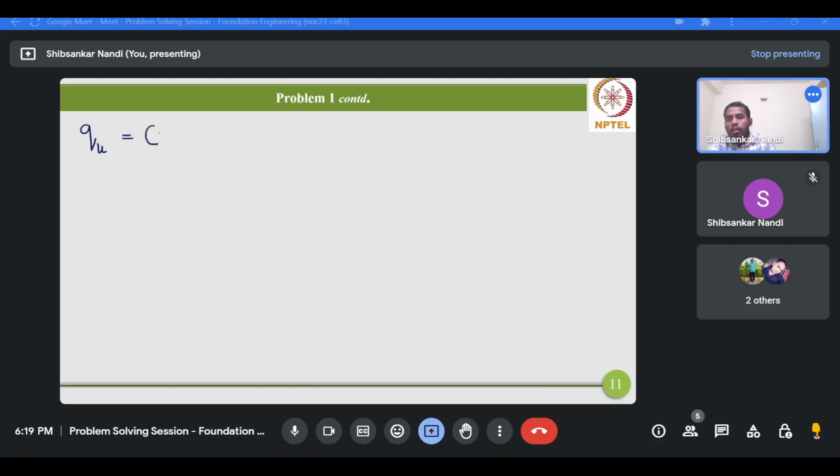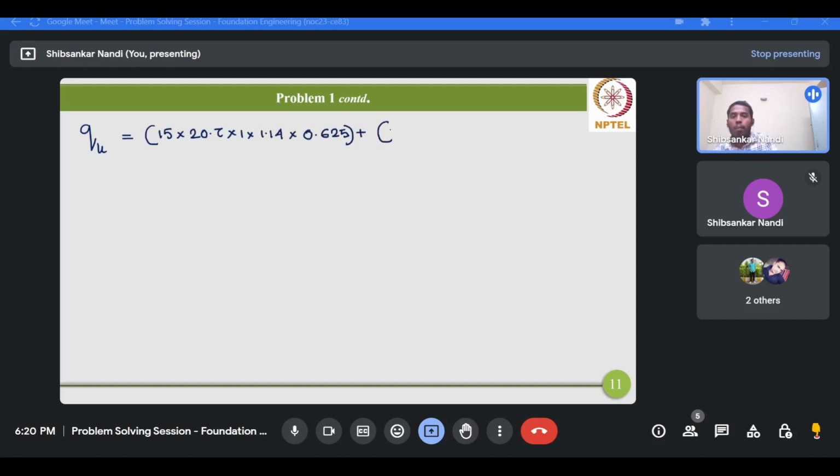So C, this is your 15, NC, this is your 20.7, then SC 1, then DC, this is your 1.14, then IC, this is your 0.625.